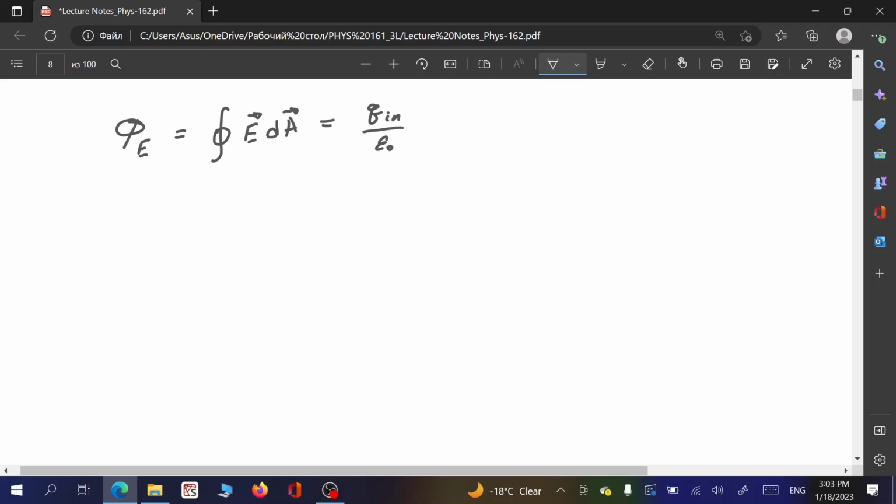So some comments on this to make it clear. This charge is only that charge which is enclosed inside the surface. And keep in mind there could be other charges outside the closed surface. However, they are not taken into account here.